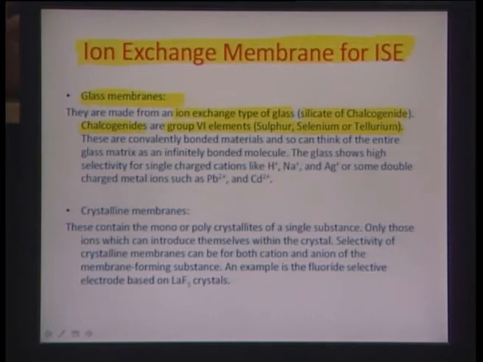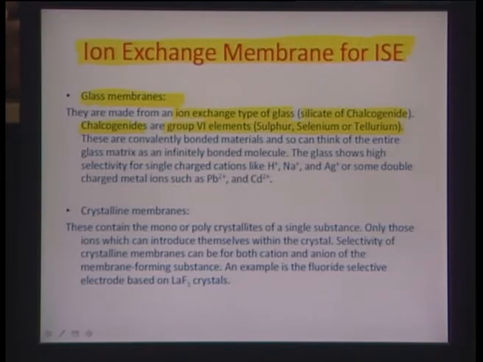They are covalently bonded materials. You can think of the entire glass matrix as an infinitely bonded molecule. It is one bonded molecule with in between spurts of these sulfur, selenium, tellurium kind of elements.